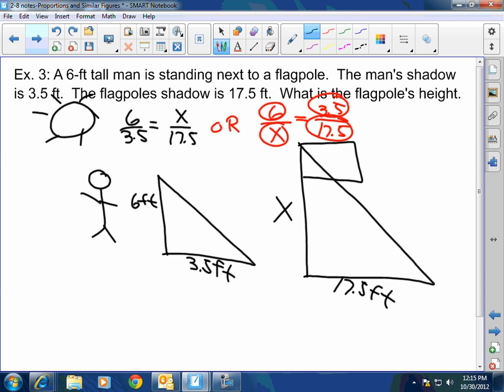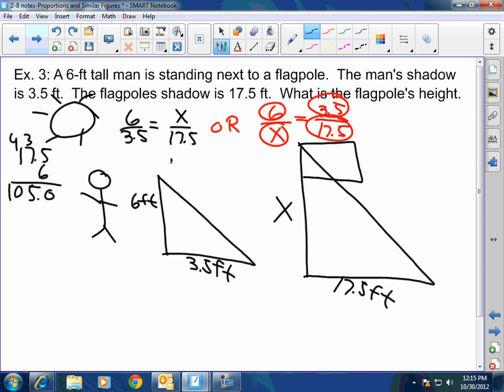So I'm going to have 6 times 17.5, which is going to give me, okay, let's just do it. 17.5 times 6 is 105. Good job, son.